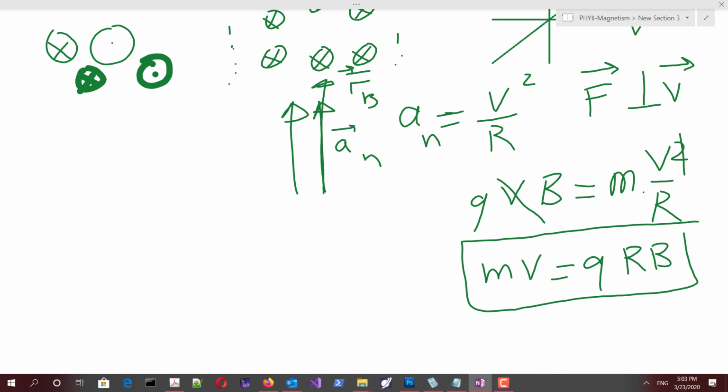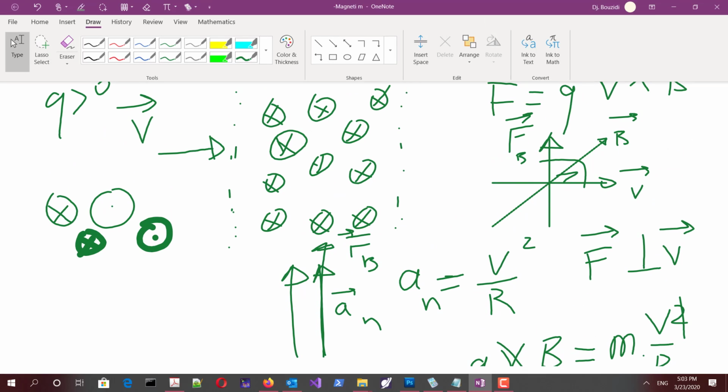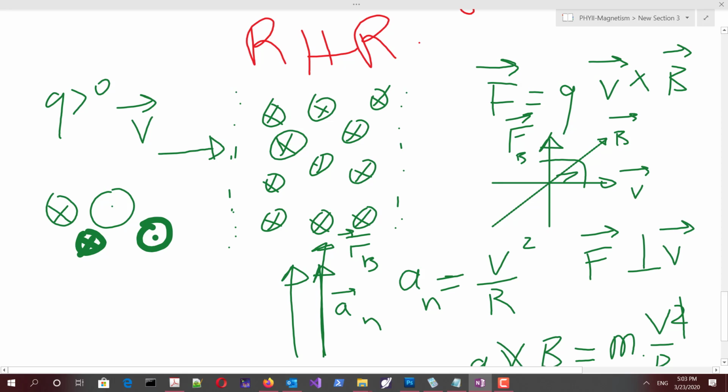So think with me here for a moment. Let me go back to the situation. If somehow I know what the magnetic field is, okay? If I can find a way of finding what the magnetic field is, and if I know what the charge is, let's take a proton, 1.6 times 10 to the negative 19 coulombs.